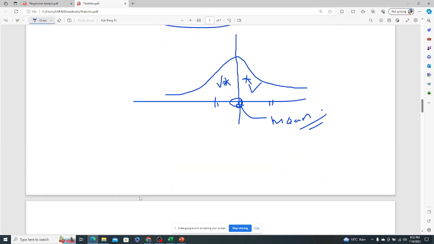Another property: the normal distribution is defined by the mean and the standard deviation. That's why we usually say that a data set is normally distributed with mean mu and standard deviation sigma.